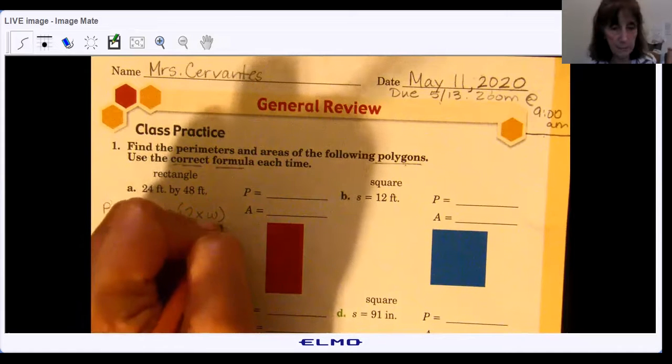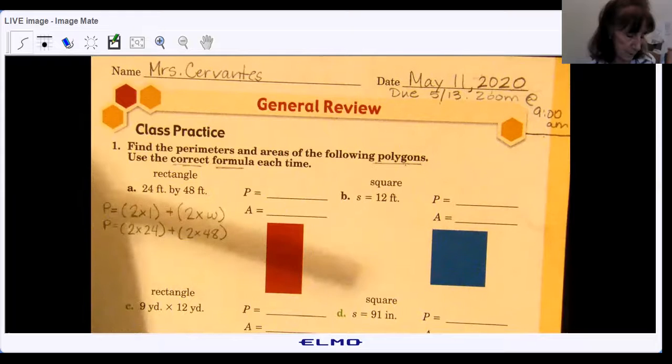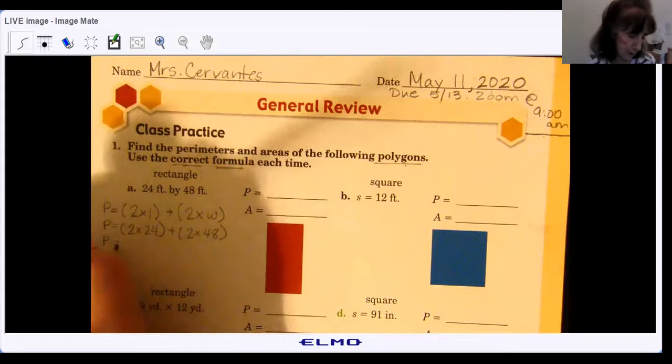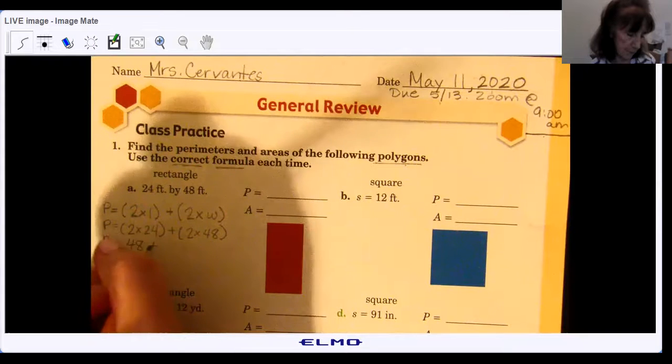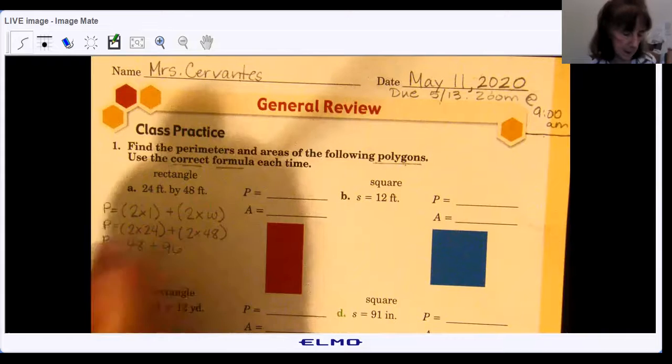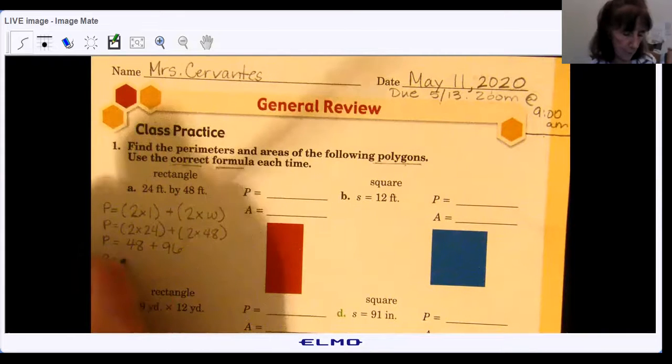Or I had it reversed. That's okay. What's 2 times 24? 48, and 2 times 48 is 96. So 48 plus 96, perimeter equals 144 feet.